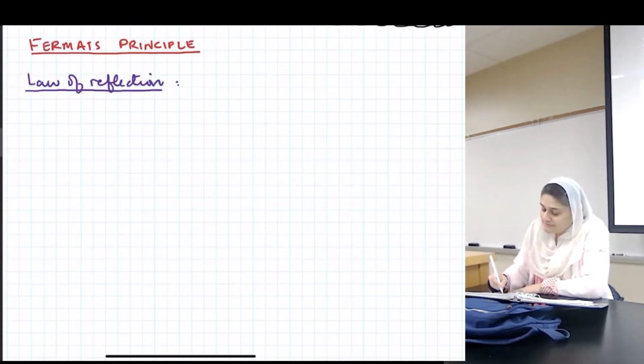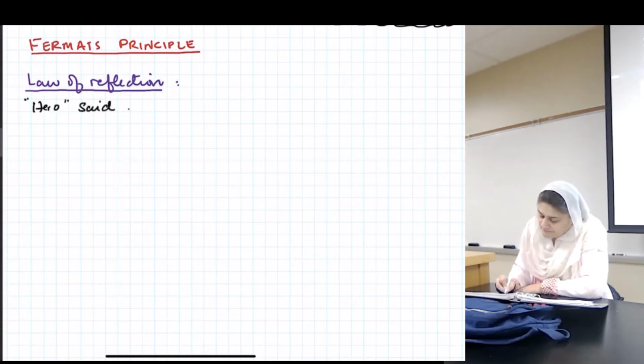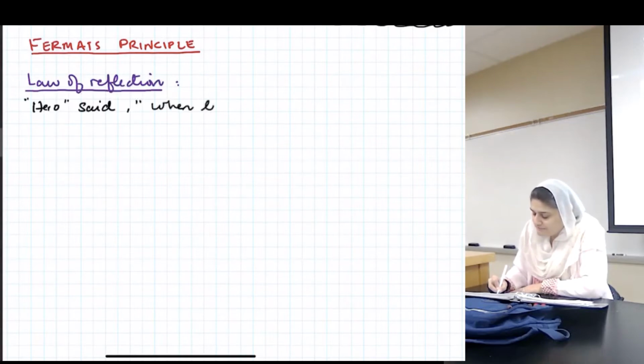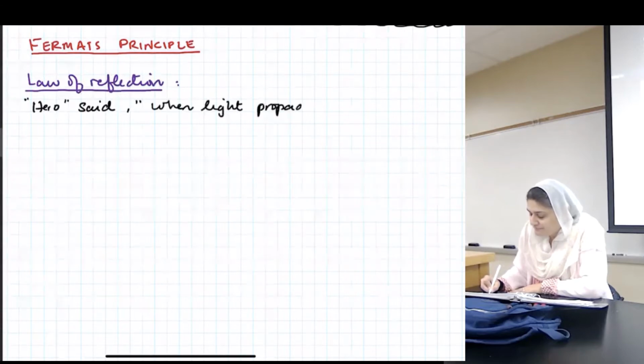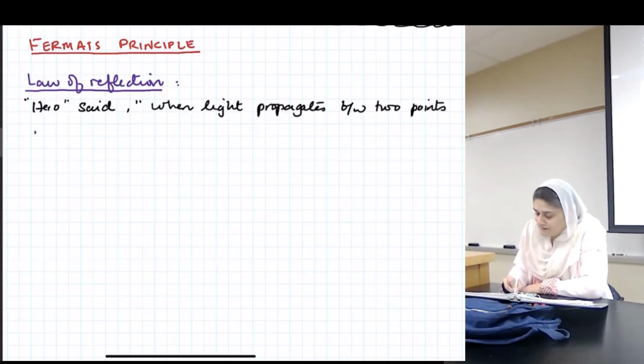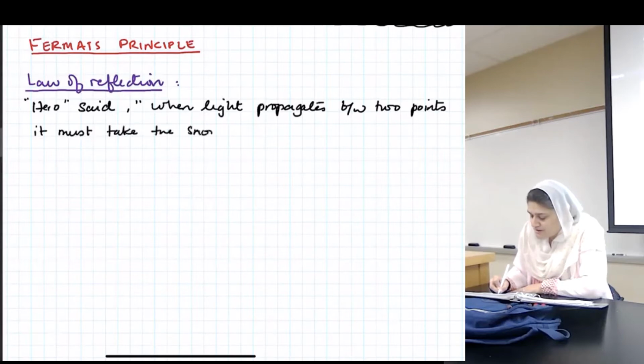So Hero said, when light propagates between 2 points, it must take the shortest possible path.